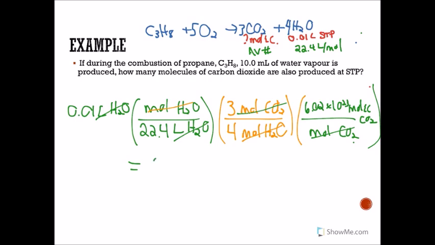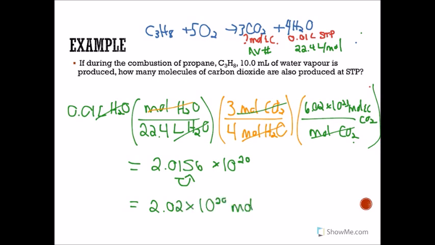Here, I'll write that down for you. 2.0156 times 10 to the 20. I find it easier when you write it down. And we know we need to round to 3 significant figures. Our previous number is 5, so we need to round up. So it goes 2.02 times 10 to the 20 molecules of carbon dioxide. That's our final answer.